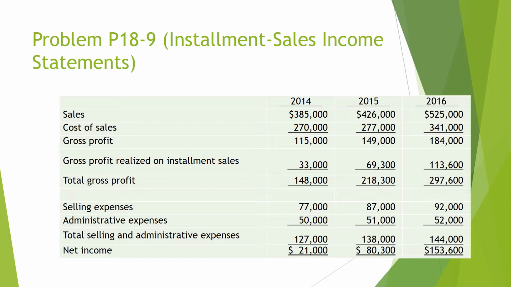After finding the gross profit, we add the gross profit realized on installment sales in 2014, which is the number we have already calculated before, $33,000. So the total gross profit is $148,000. Then we count the selling expense in 2014.